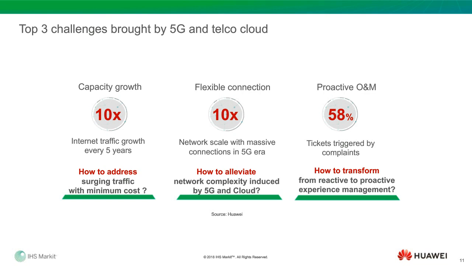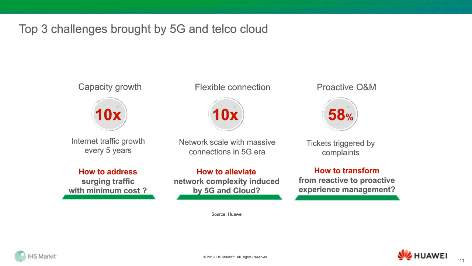By today, you see the top challenges based on our interaction with global customers, the 3 big challenges. Number one, if you think about 5G, one of the big services called eMBB needs capacity. They have to increase capacity 10 times, but meanwhile, they want low capex. So that means they need to address the big capacity growth with a minimum cost. That's the number one challenge that we see.